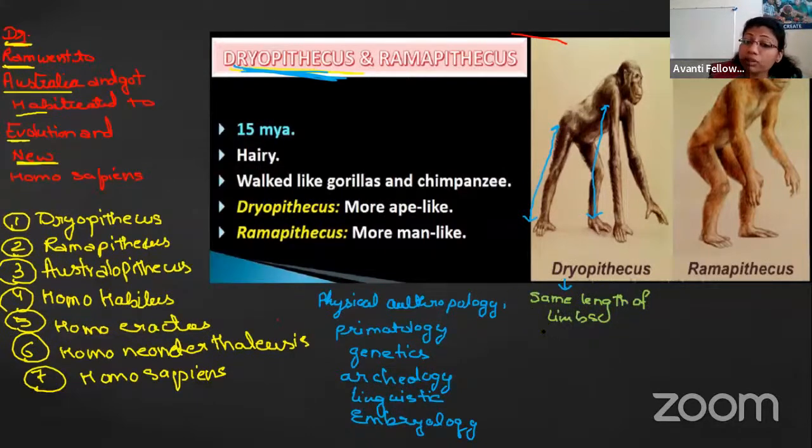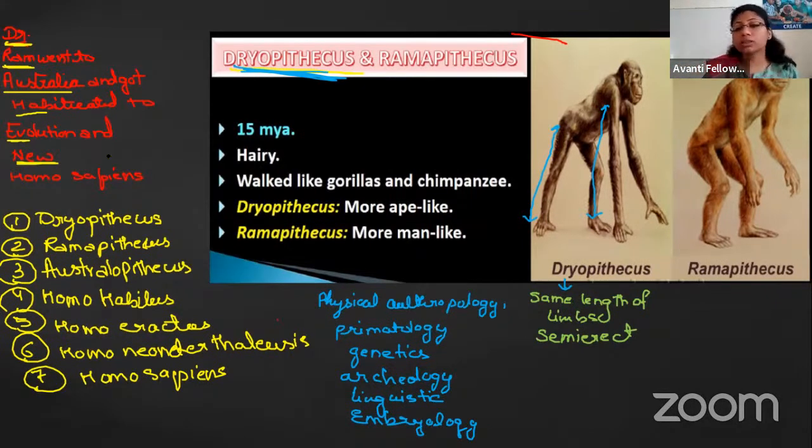Then they have the semi-erect posture. As you can see, that person is not completely bent. It is slightly erect. Okay, so the posture is semi-erect, and these members always walk on the knuckles. These are the knuckles. As you can see, the chimpanzee and the gorilla also walk on the knuckles.